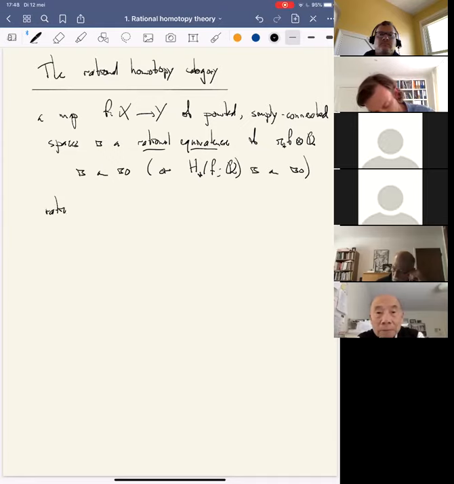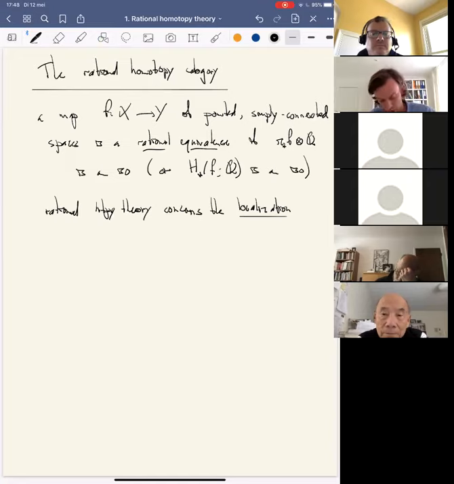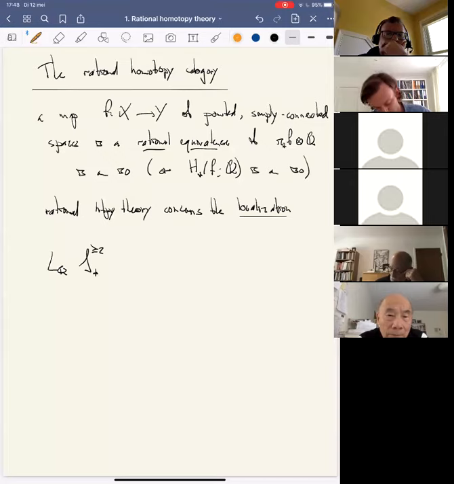So rational homotopy theory concerns the localization, and I'm going to use the following notation: L_Q of S_*^{≥2}. By this collection of symbols, I just mean simply connected pointed spaces, and L_Q denotes rational localization.